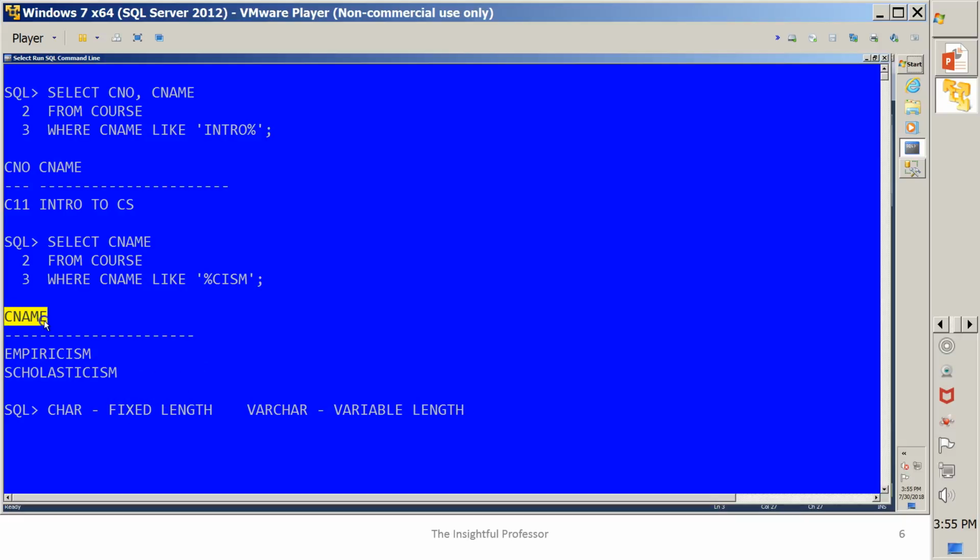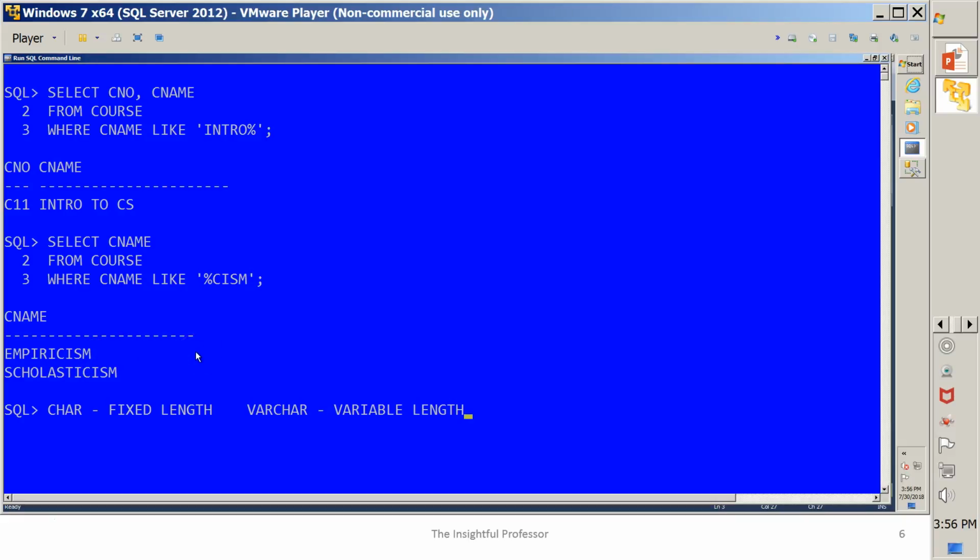However, if CNAME was defined in the database as fixed length, then empiricism, if it's the same size as scholasticism, would have some additional spaces after the CISM to bring it up to the capacity of whatever the field is. Therefore, empiricism would not match this condition of the field ending precisely with CISM, because this field ends with CISM plus some spaces.